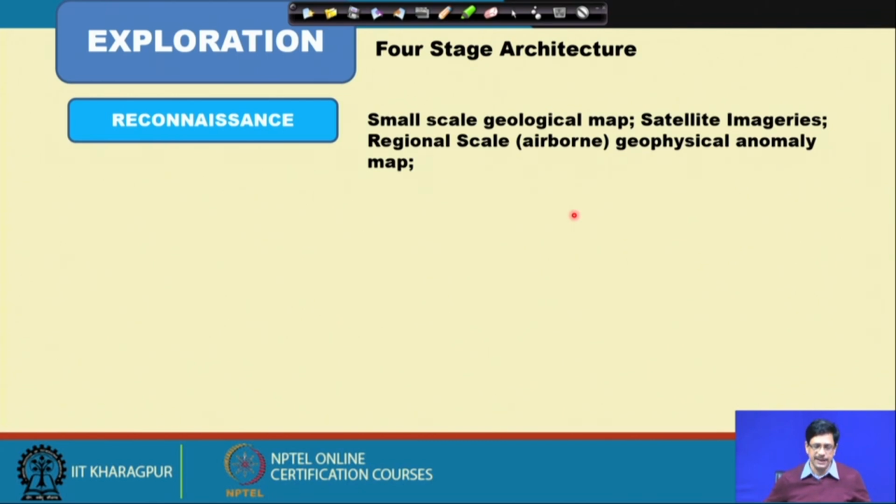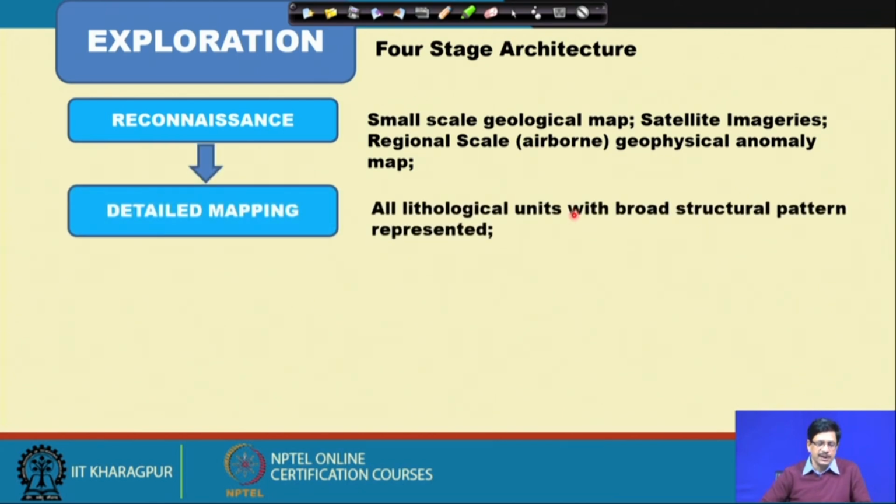on certain selected areas. So, this reconnaissance stage is followed by a detailed mapping stage, in which all the lithological units with broad structural patterns are represented. As I just mentioned, if we go from a small scale map, which is 1:50,000 scale, to 1:20,000 or even a little larger than that, it would be possible for us to represent the geology with all the geological elements present in any particular smaller area, and that gives us further information.